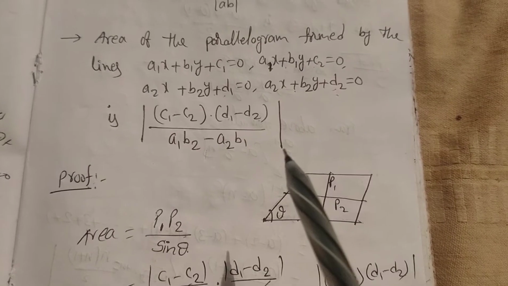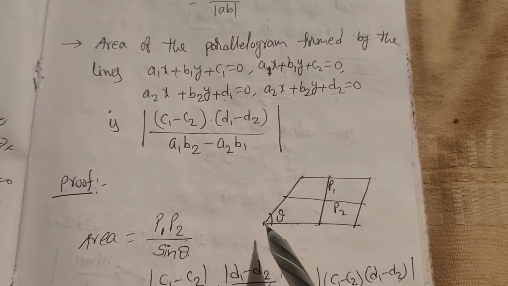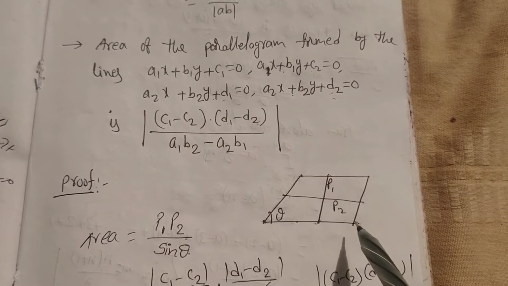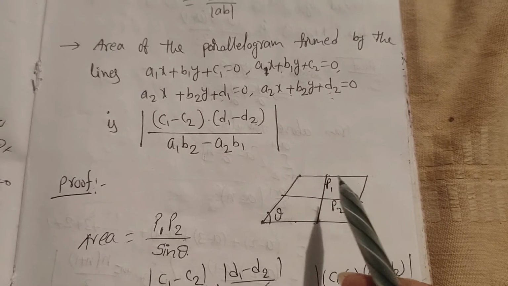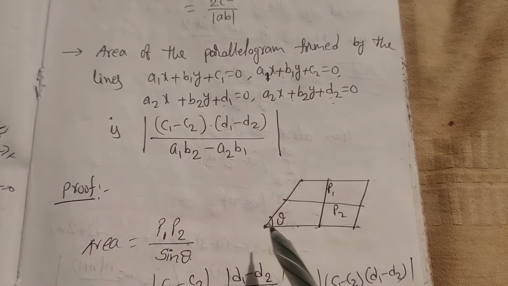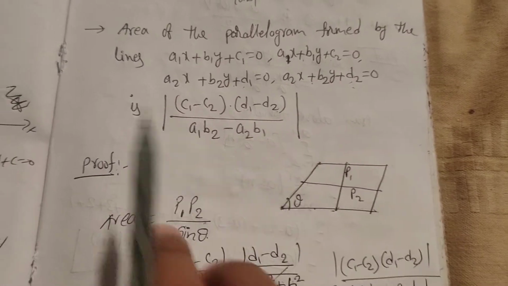See, let us consider this is a1x plus b1y plus c1 is equal to 0, this is a1x plus b1y plus c2 is equal to 0, this is a2x plus b2y plus d1 is equal to 0, this is a2x plus b2y plus d2 is equal to 0.